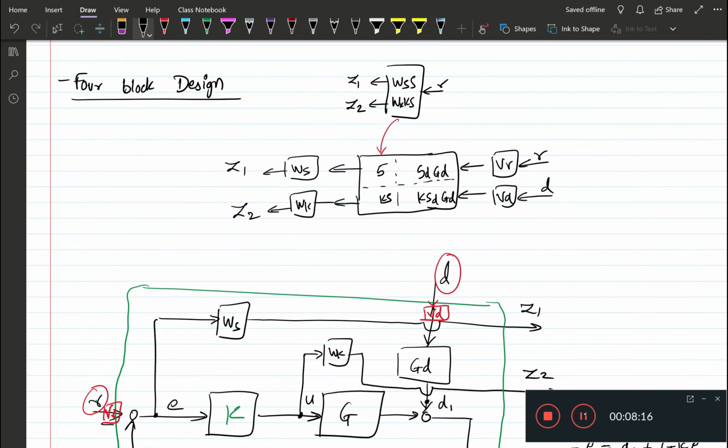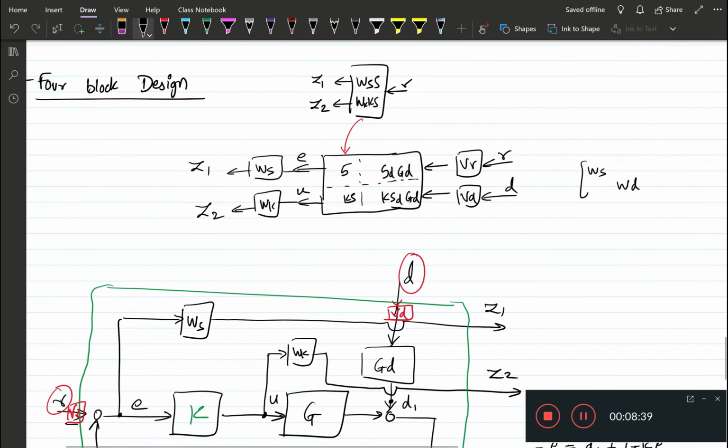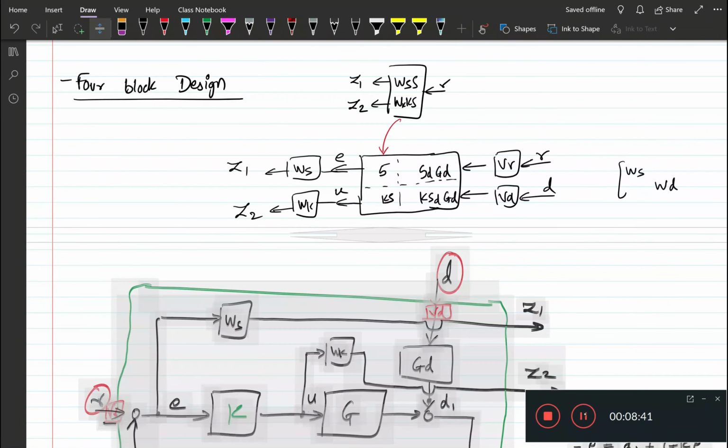So this is basically our design, and this would be just E and U. This would be R and D, and these are passing through these blocks. So this, if you write down the matrix multiplication, you would get WS times VD. So let me just write it here, push this down.